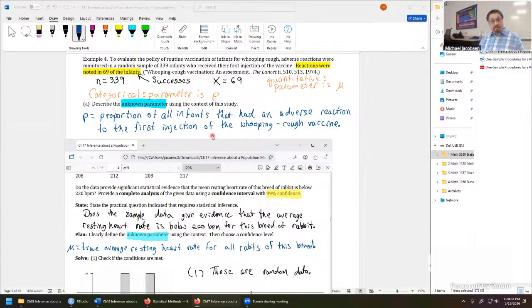But for categorical data, for a parameter P, we don't have a unit whatsoever, so we mentioned the successes. So that's why we said adverse reaction to the first injection of whooping cough vaccine. So those are the parallels going from mu to P. It feels a lot different, but we're really not doing anything too fundamentally different. Really, it's just a different kind of data. It's a different way the parameter gets put all together.